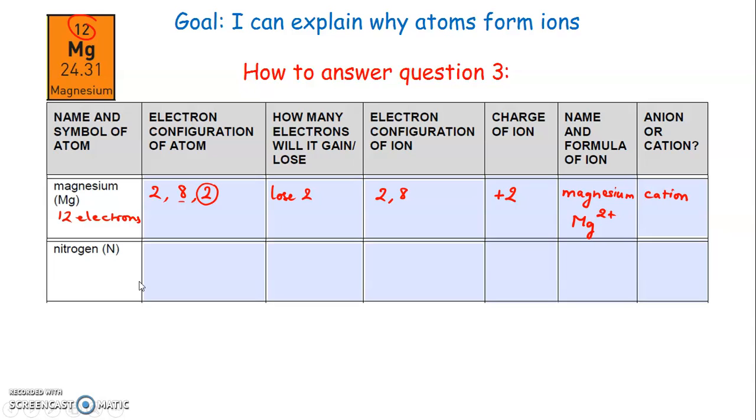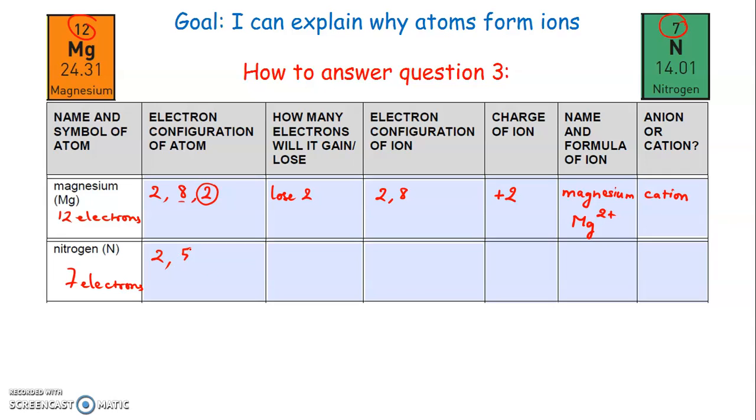Now for nitrogen here. Periodic table, atomic number for nitrogen is 7, so 7 electrons. How are these 7 electrons arranged? We have 2 in the first, and then 5 in the second.